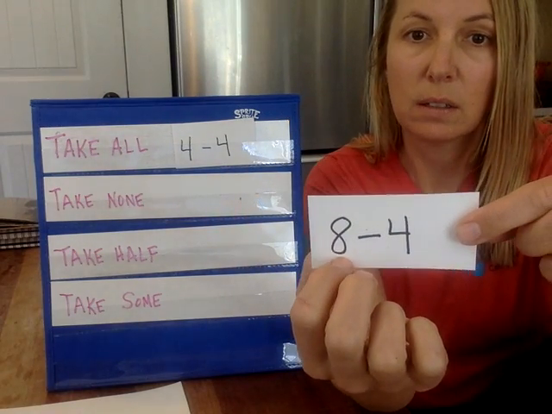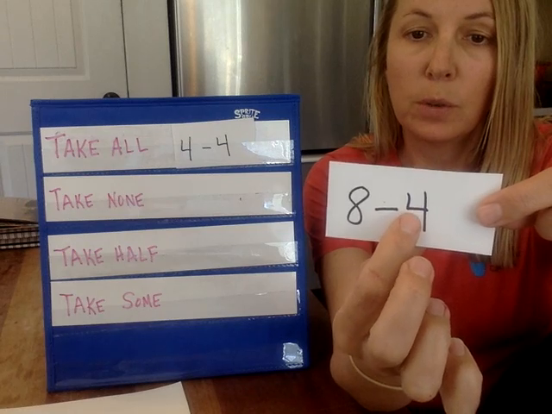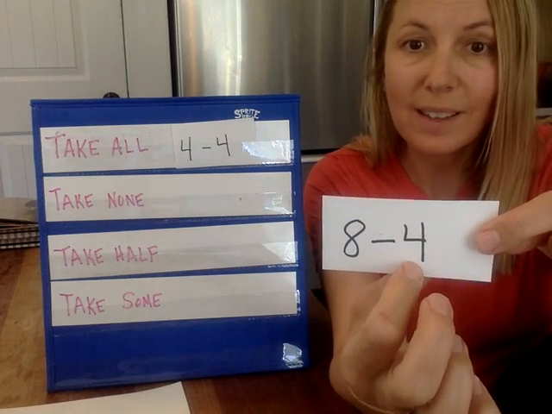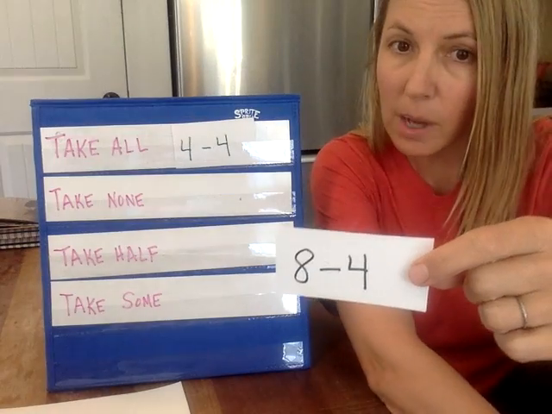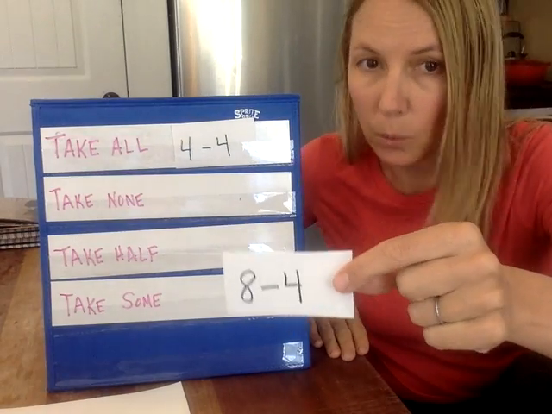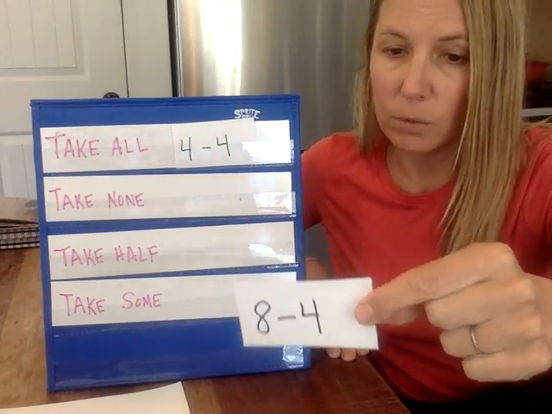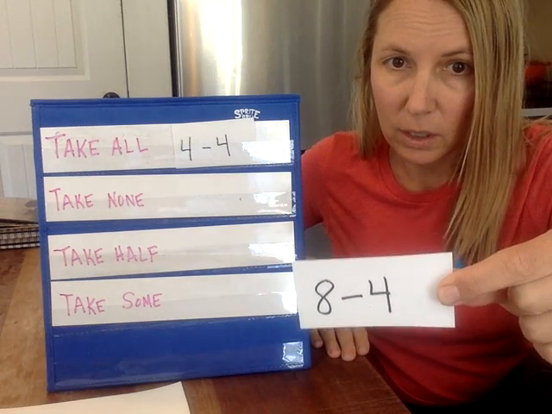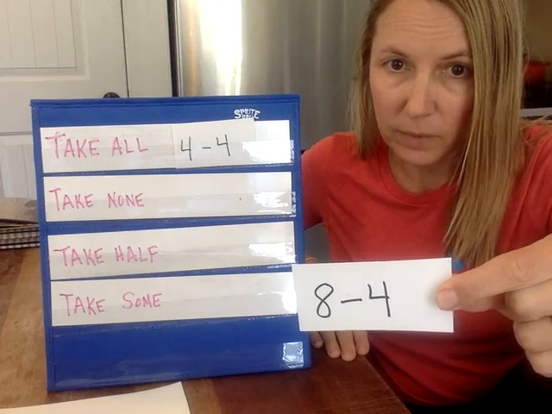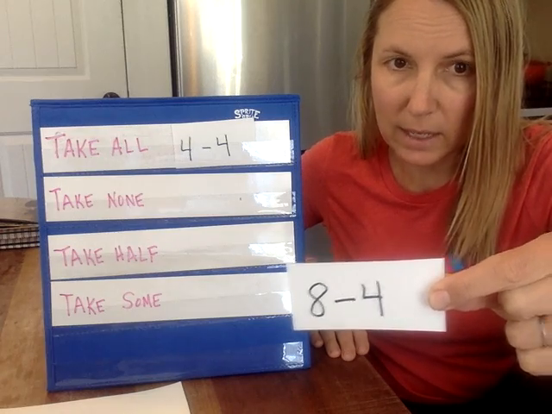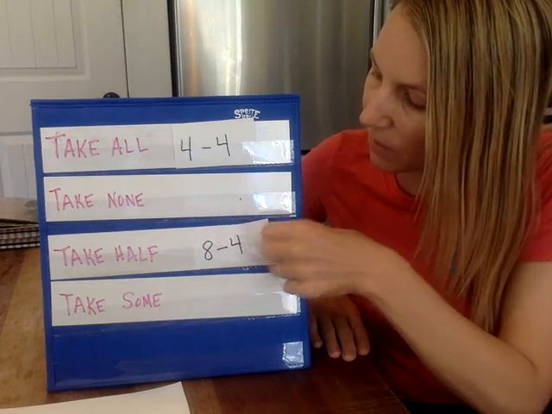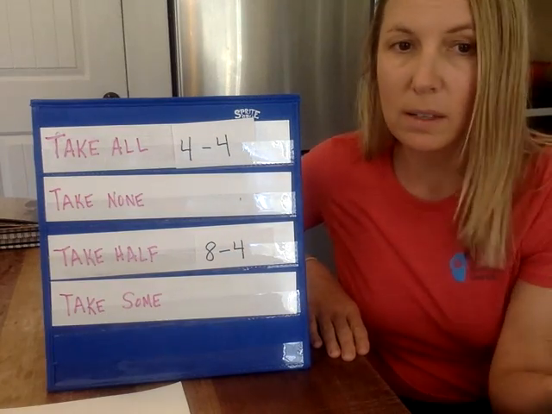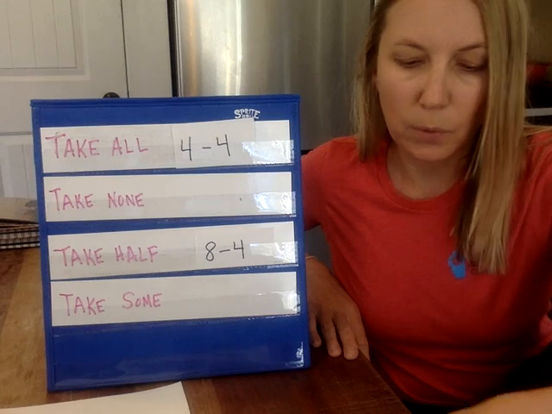So if 2 of these gives us 8, then that means that a 4 is half of 8. So if you know your doubles facts, which we have worked with quite a bit, you'll know that this is take half. 2 4s has the same value as 1 8. So that's a take half. I didn't have to calculate or count up or count down because I already knew that double 4s was 8.